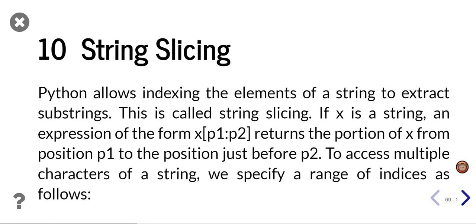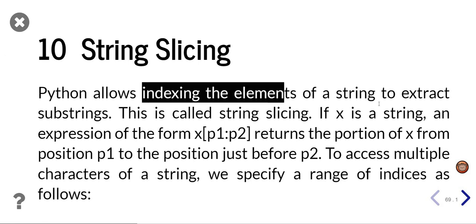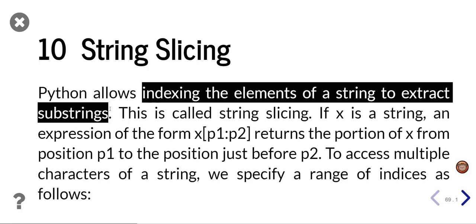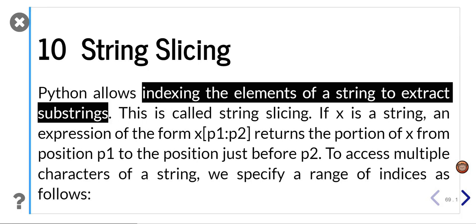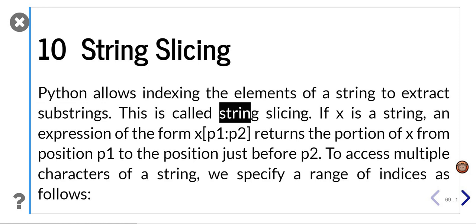We have seen how you can use the index of elements of a string to extract. Now we want to use that indexing to extract substrings, certain parts from the entire string. This is what we call string slicing. You are taking a string, but you are slicing the string, just taking certain letters out.